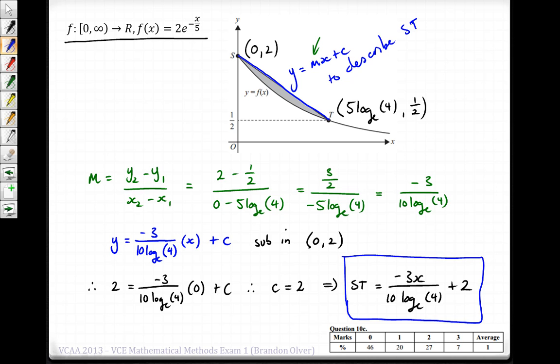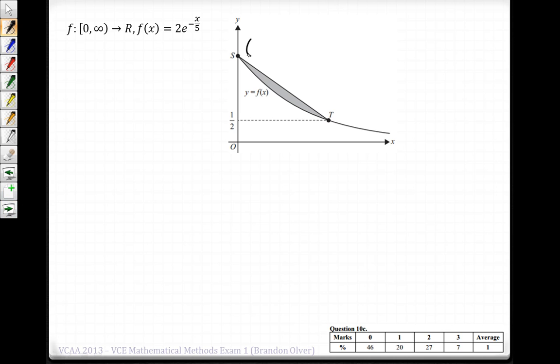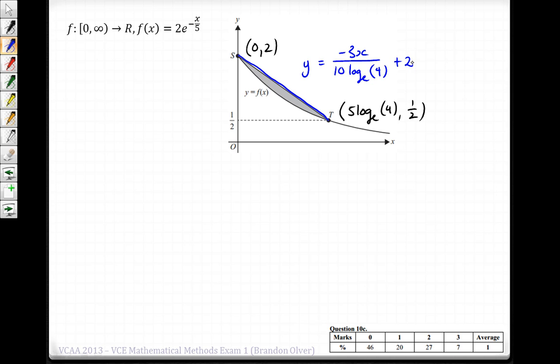And this is going to come in very useful when we're doing our area above and below the curve in just a second. So I'll just grab a new bit of space for us to play around with and again write out what we found. So remember, we've called that point 0, 2. That point was 5 log e of 4, comma, a half. And that blue line segment is described by the equation y equals minus 3x divided by 10 log e of 4 plus 2.